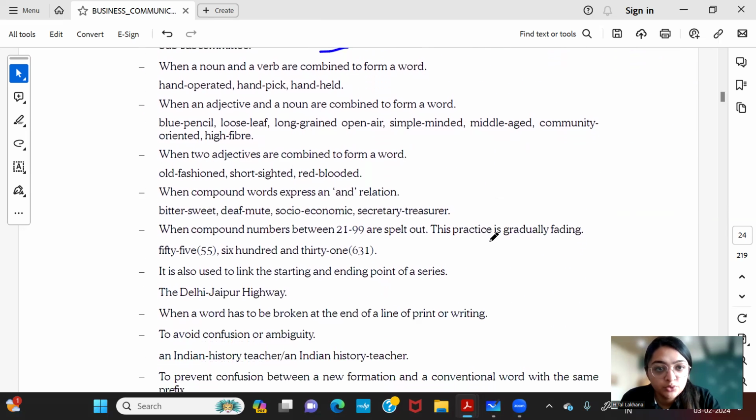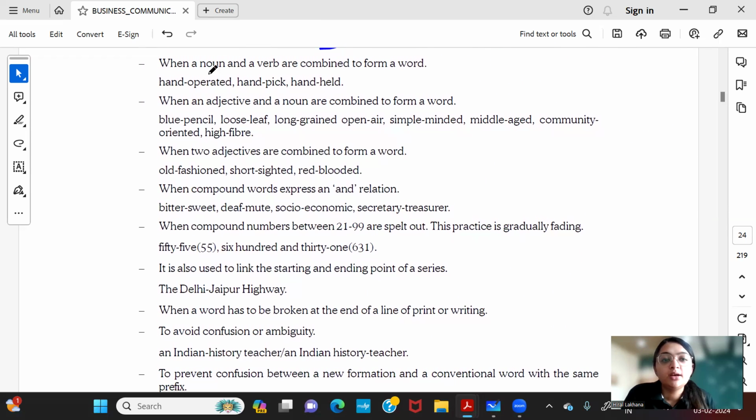Moving further with all the uses of hyphen, when a noun and a verb are combined to form a word. So if you could see here, we have hand-operated. So hand is a noun, whereas operated is a verb. So when we are joining these two, we have to add a hyphen and these two become a compound word. Similarly, we have handwritten.